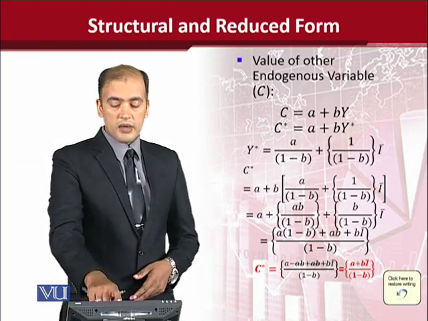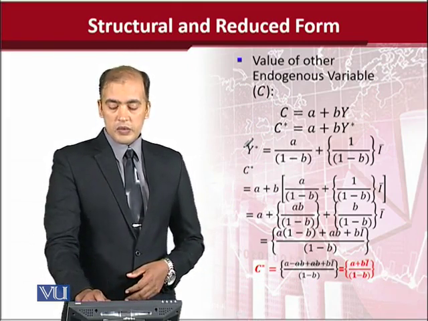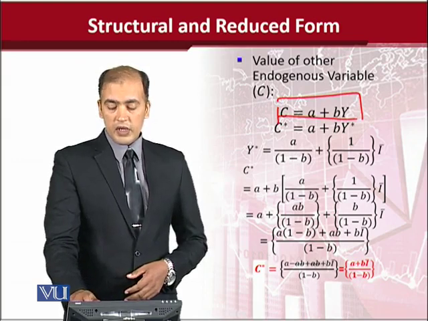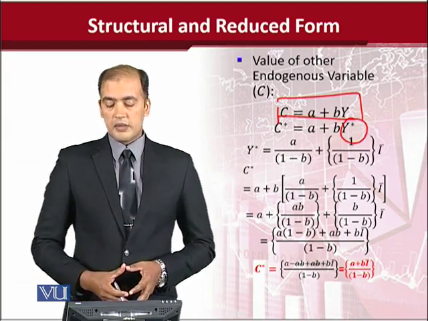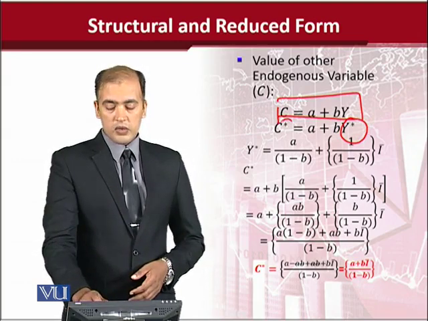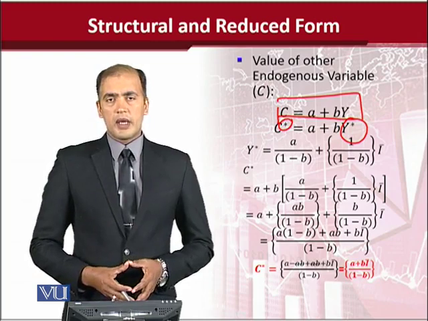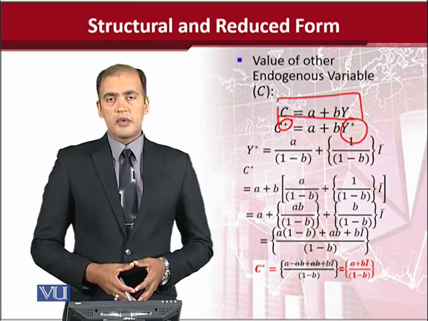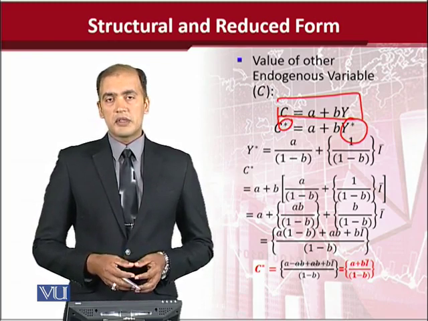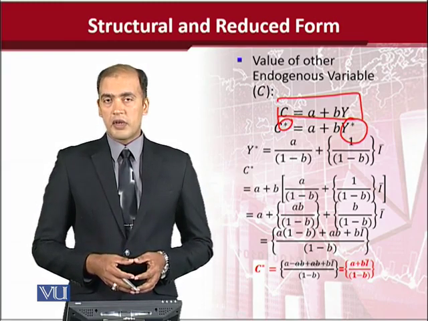You can see here we have to find the value of C, which has this function. Now we are putting the value from the reduced form of Y, and this also becomes a certain point where we put the asterisk to show that this is the final result, which is showing the value of the endogenous variable.